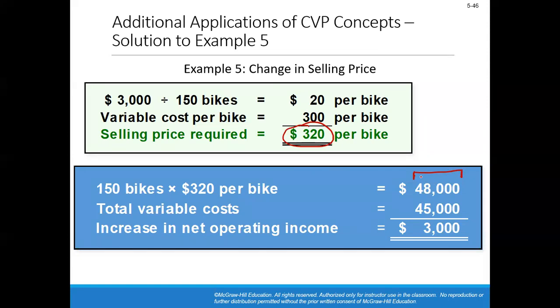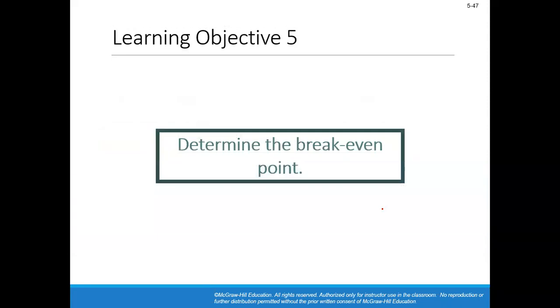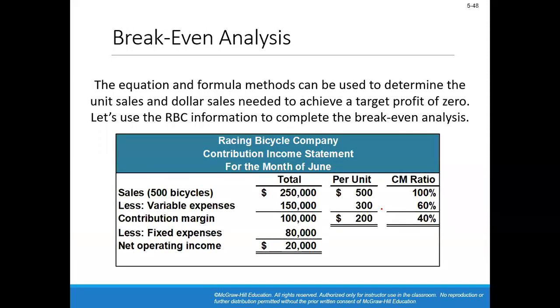But for this sale, I have to incur this variable cost of 45,000, which is 300 multiplied by 150. We will see that our net operating profit will go up by 3,000. Now, we have not considered the fixed expense because fixed expense will not be disturbed.